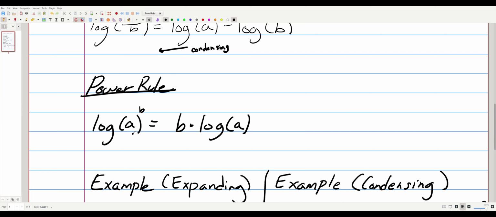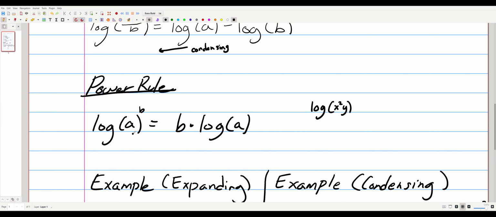Okay, if we have log of, let's say, x to the second times y. Here, since we have two things being multiplied, this exponent for the x, this 2, is the power of the x and only applies to the x.